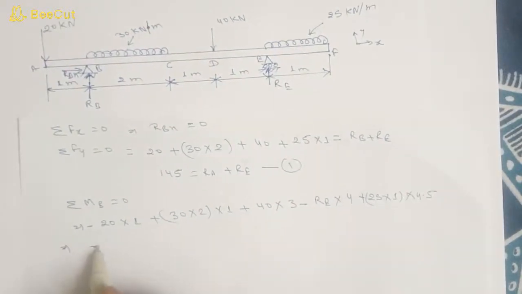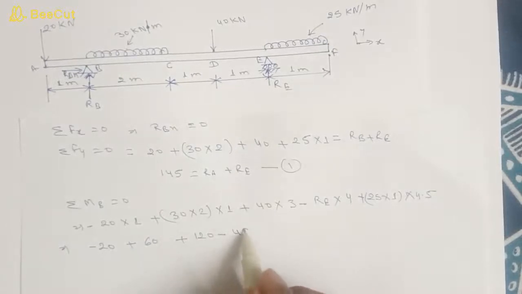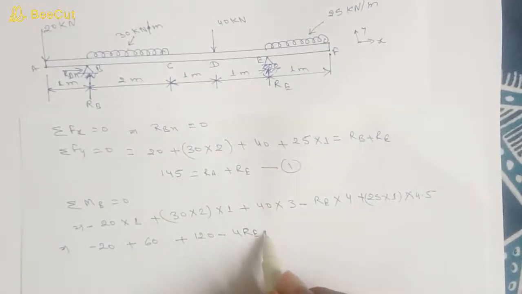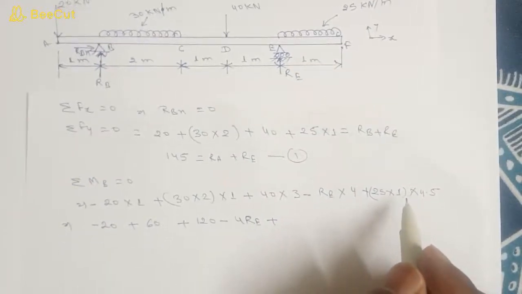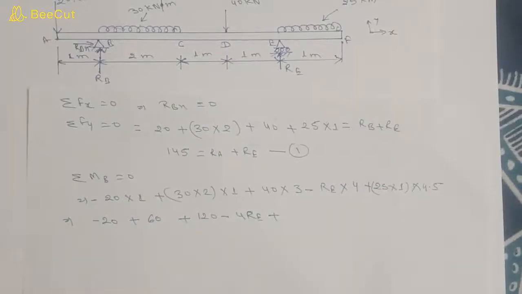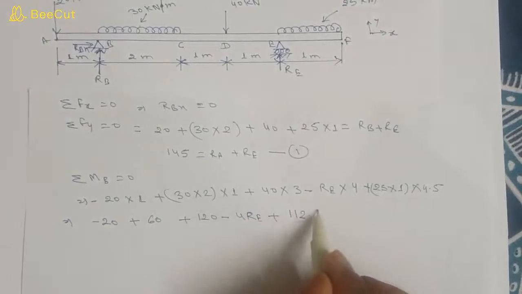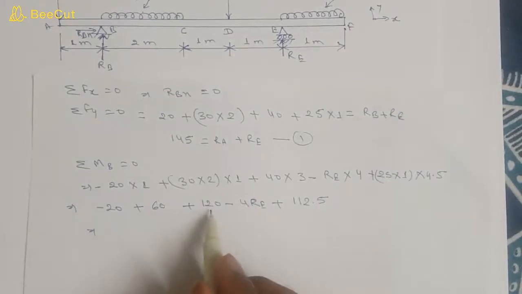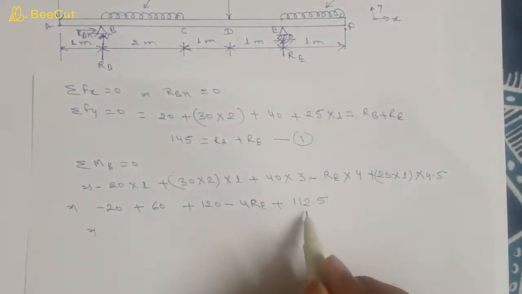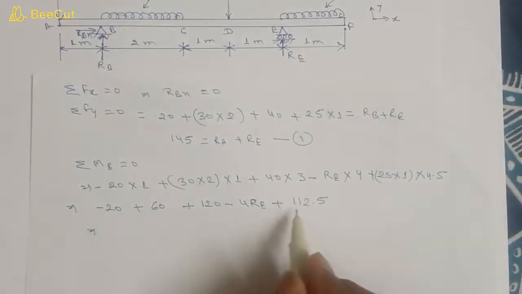So you will get minus 20 plus 60 plus 120 minus 4 RE plus 25 into 4.5 is equal to 0. So 25 into 4.5 will be 112.5. So you will get 60 plus 120 is 180 plus 112.5 will become 292.5 minus 20.